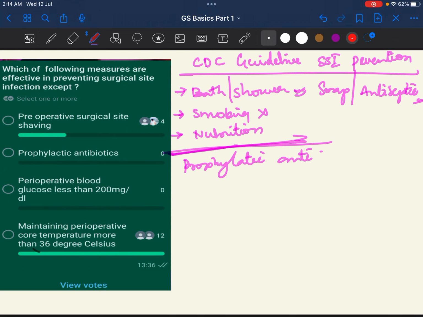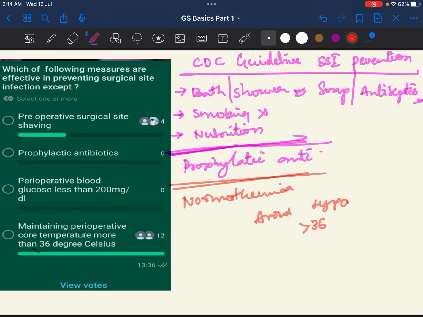What are the other measures that will help you to prevent surgical site infection? You should always maintain normothermia, that means avoid hypothermia. Maintain body temperature more than 36 degrees centigrade.